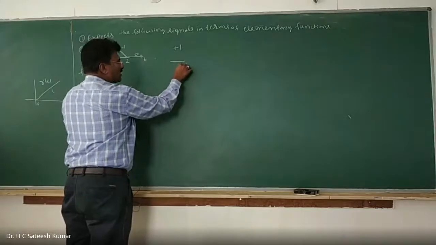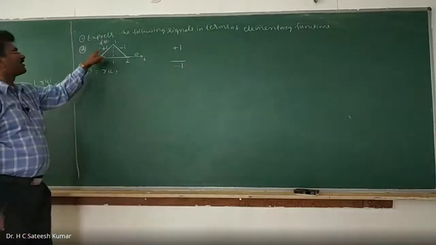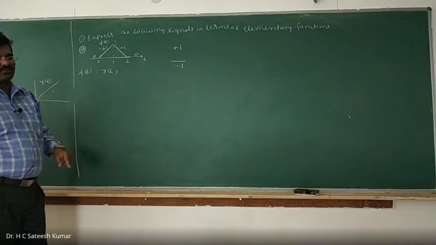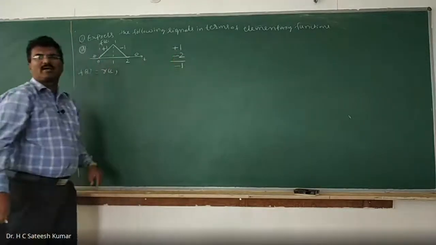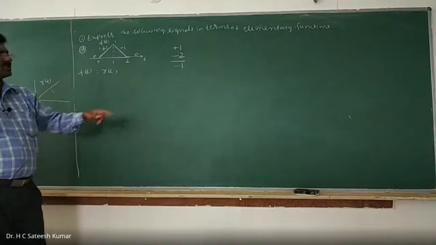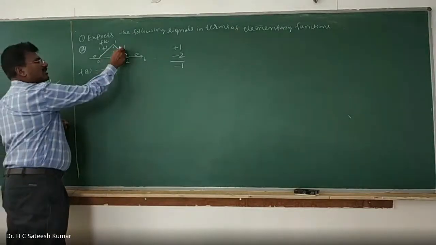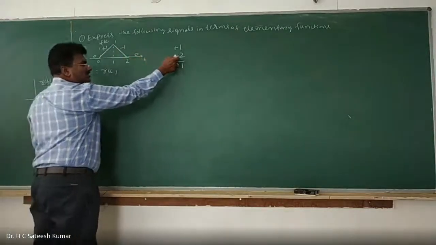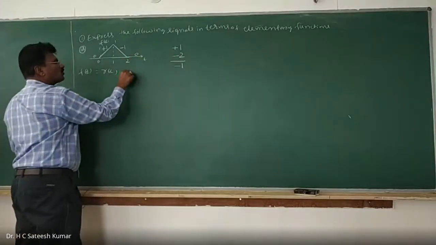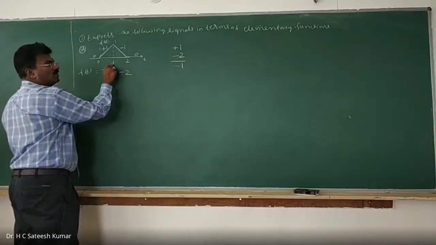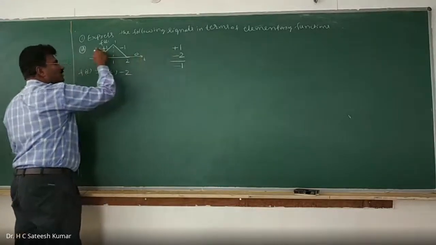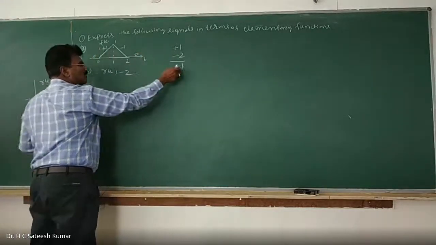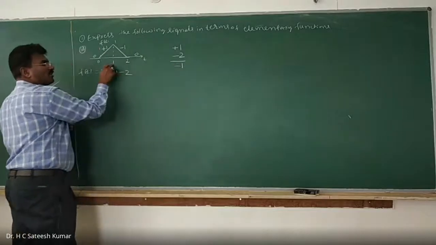If you want to make the plus 1 slope into minus 1, what should I add? I should add minus 2. If you add minus 2, what will you get? Minus 1. So if you want a slope of minus 1, I should add minus 2, starting from 1. So a ramp function with slope of minus 2, if you add it to a slope of plus 1, you will get a slope of minus 1, starting from 1.